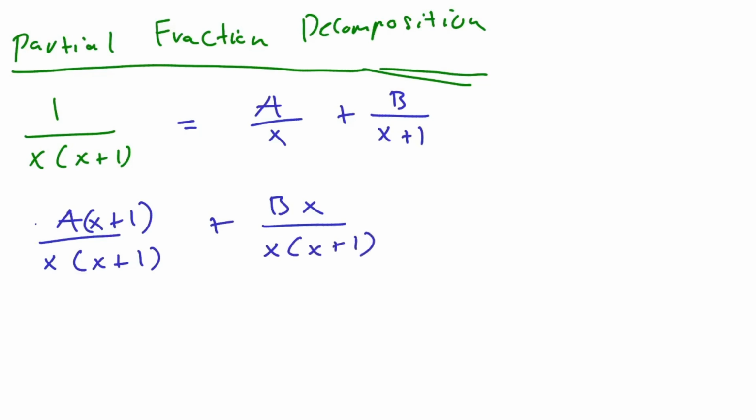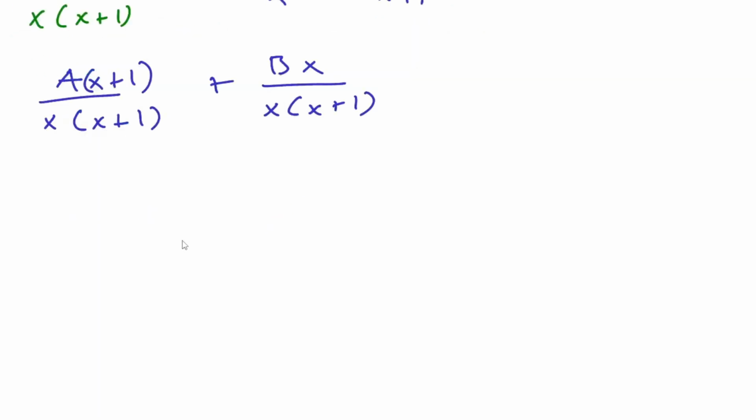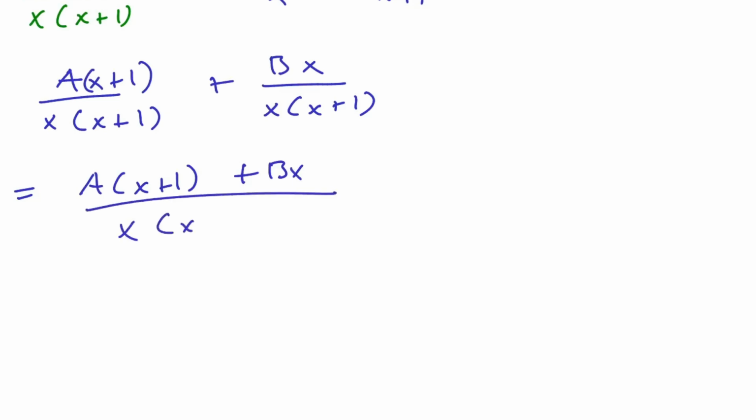Correct? Now we need to put these two together to get our new sum. Since we have the same denominator, we can add them, and our sum becomes A(x plus 1) plus Bx, over x(x plus 1).